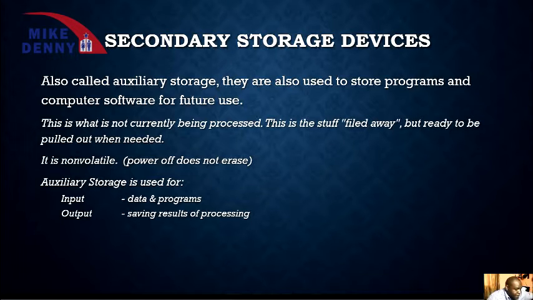And auxiliary storage is used to input data or programs, and output for saving results of the processing. And now we are going to talk about unit and storage capacity, because now we know we use the secondary storage device to keep our stuff.